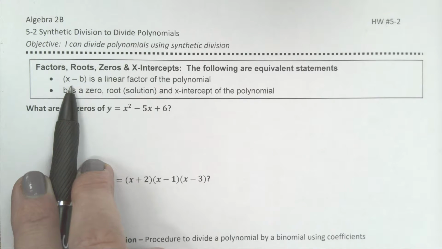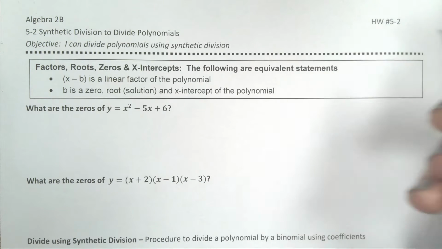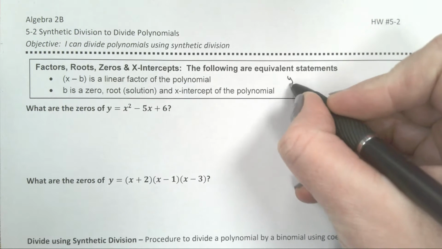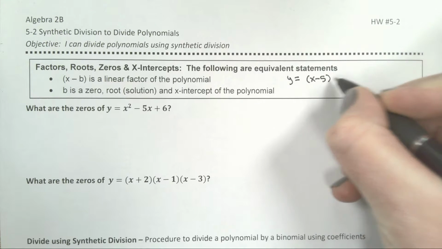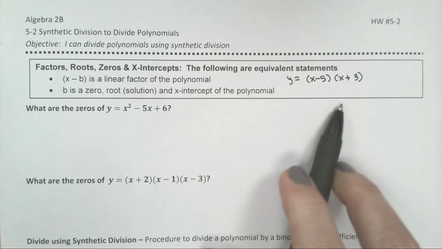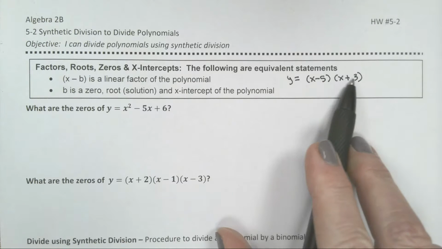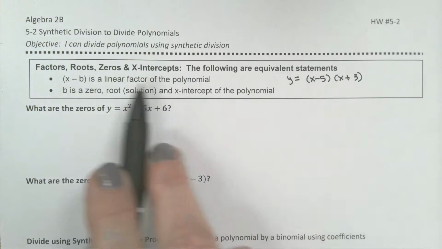This says if x minus b is a linear factor of a polynomial. All right, so you don't like it when it looks like this. Let's say it looked like this: x minus 5, x plus 3. So these are linear factors of my quadratic polynomial.